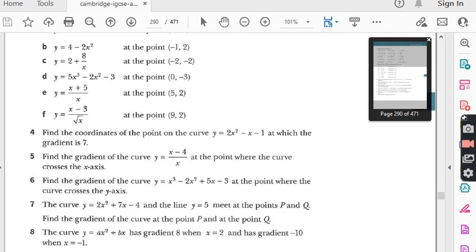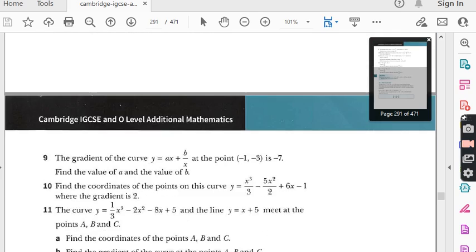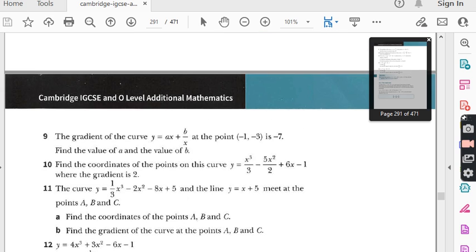So total 41 parts. How many questions are left? Many questions, but I promise I will do each and every question, each and every part.